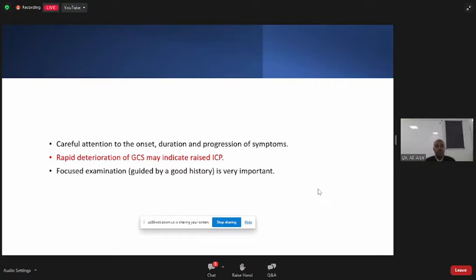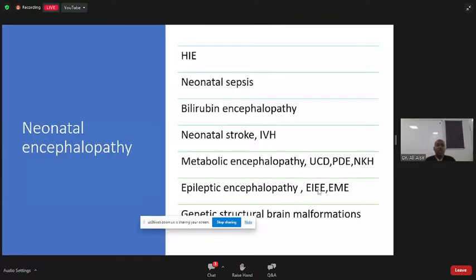It is also very important in our approach. Just to make it simple, as I said, I divided the etiologies into different age categories, from the neonatal period through the infantile period and then the childhood.